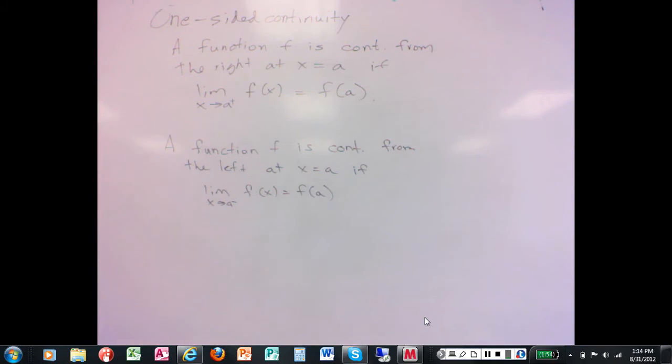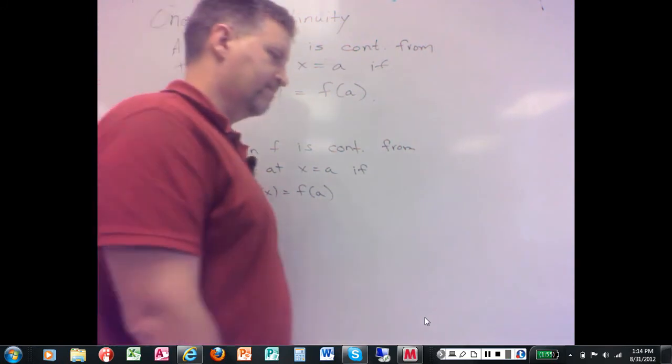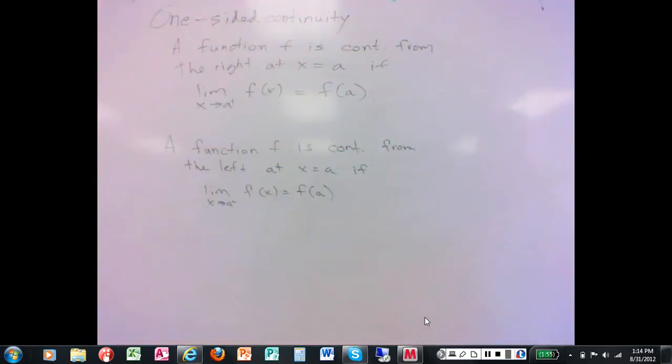All right, here's what that means. Graphically, here's what it means. Let's say I've got function f here. All right, and I'm going to have a discontinuity. I'm going to go here, and then the other one's going to be here.